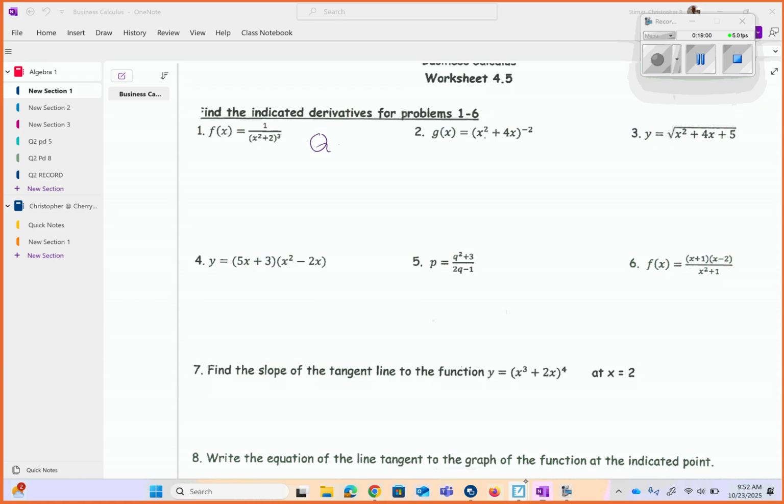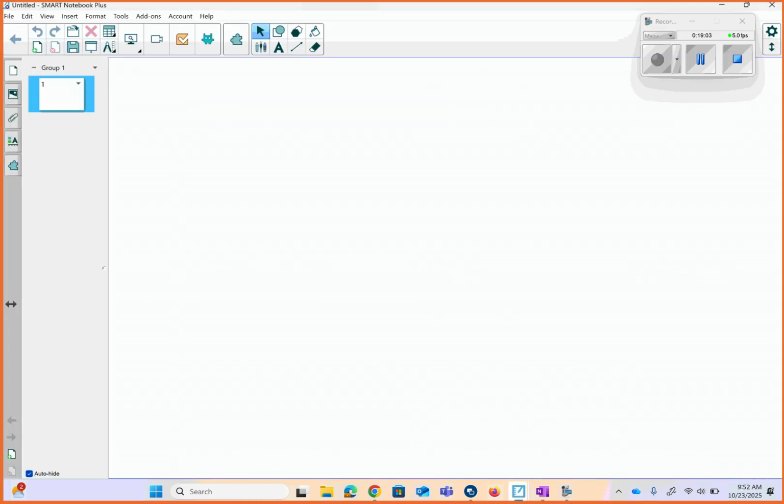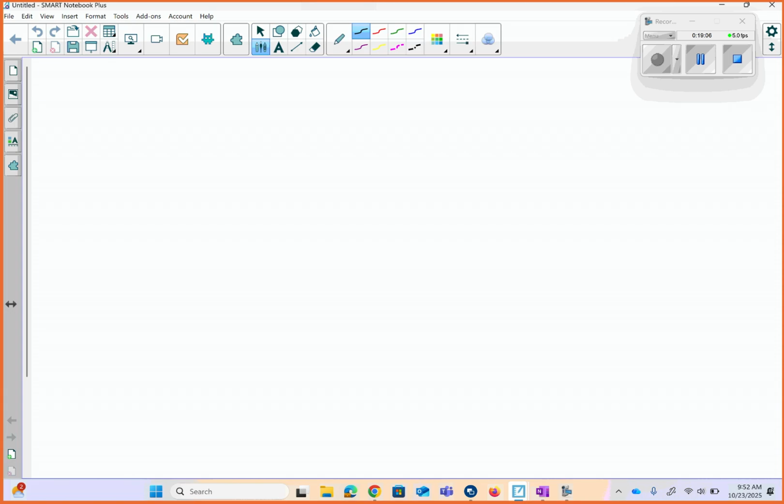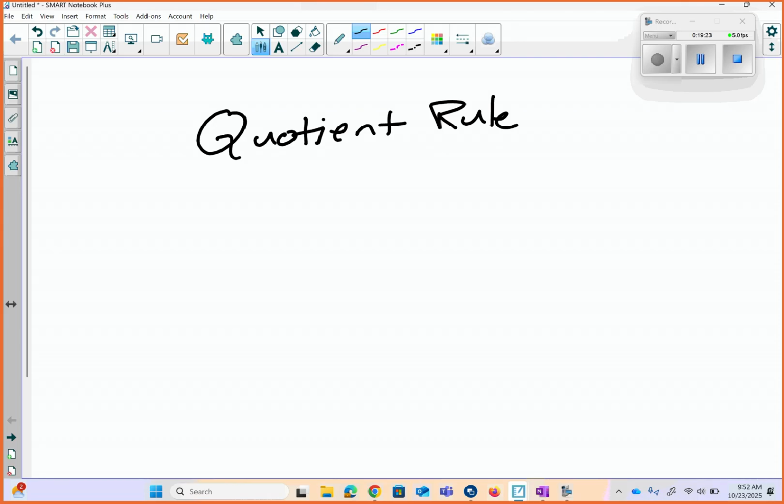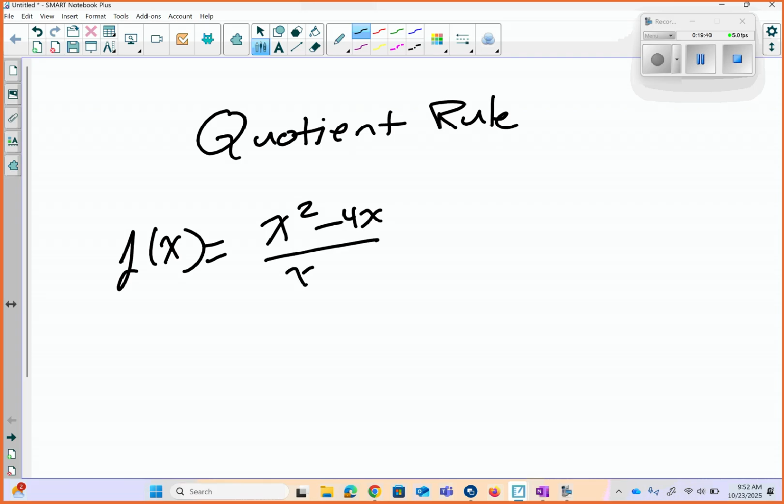Okay, the quotient rule to take a derivative takes place when you have a problem like this: x squared minus 4x over x plus 5.